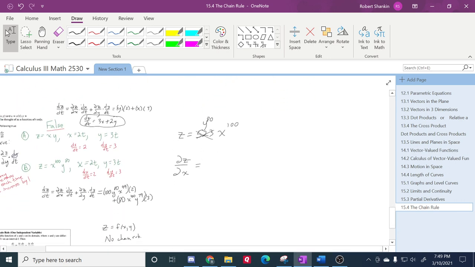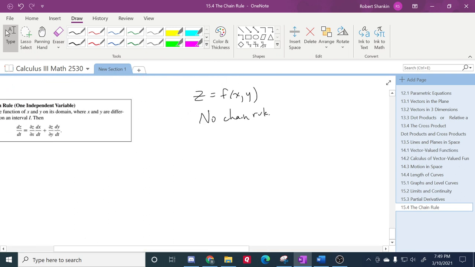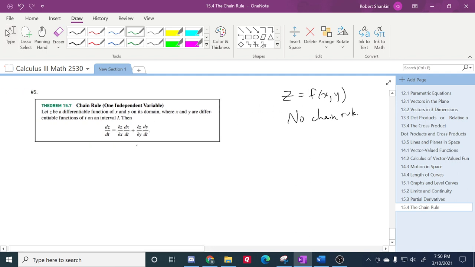One last thing I wanted to say before I let you go is if we were in 4 space, if z was a function of x, y, and w, then you'd have an extra term here, like this. 3 different components.